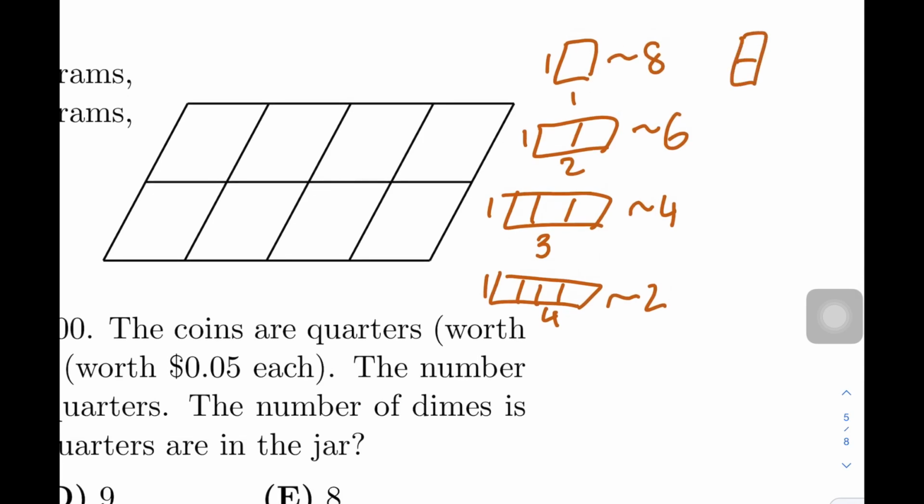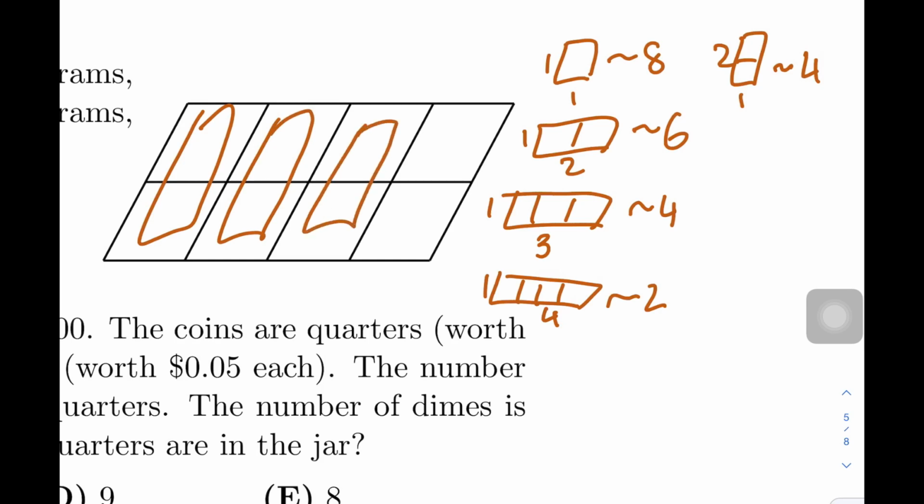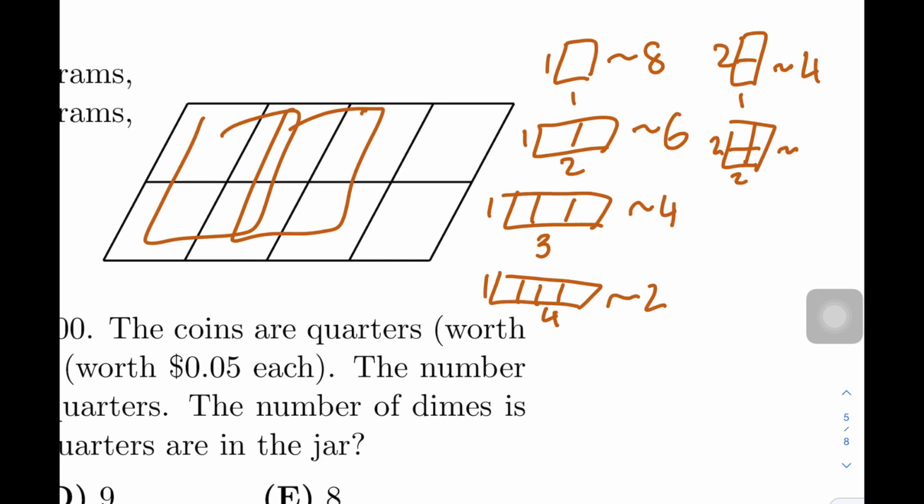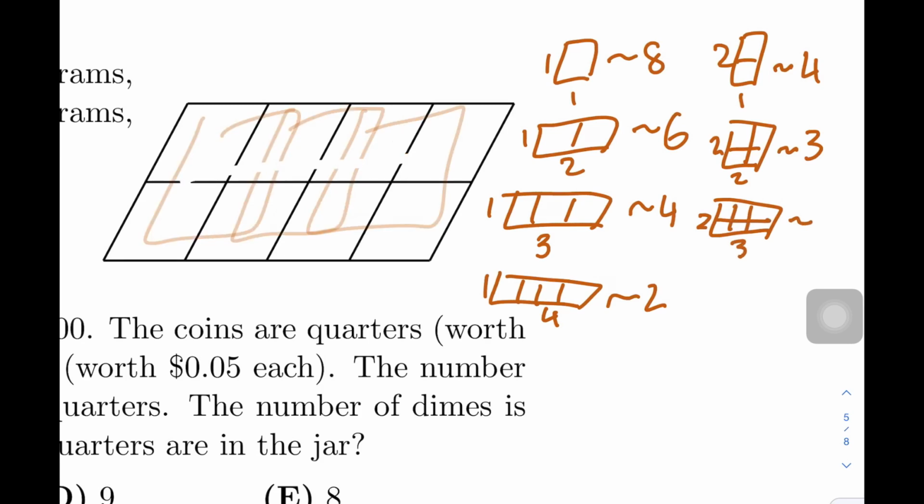Then we have the 1 by 2. And we have 4 of these. So 1, 2, 3, 4. And then we have the 2 by 2s. And we have 1, 2, 3 of these. Then we have the 2 by 3.